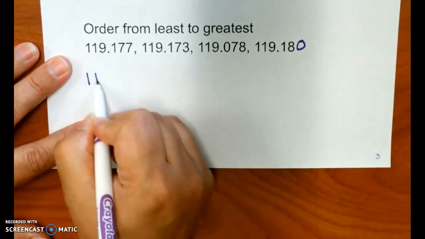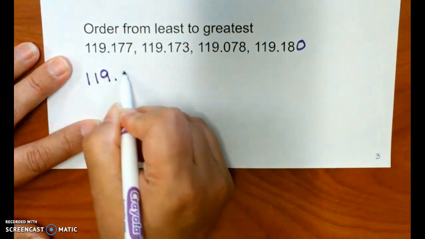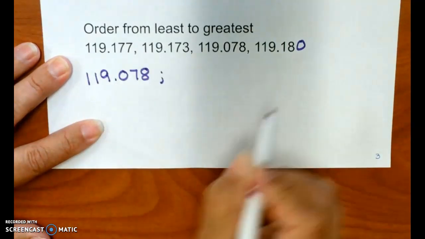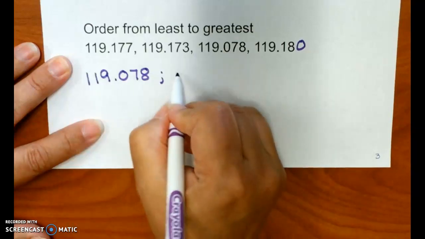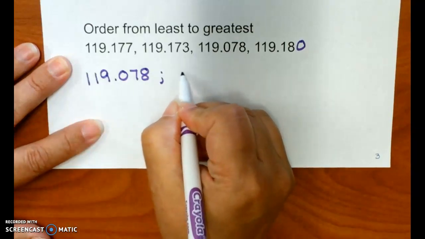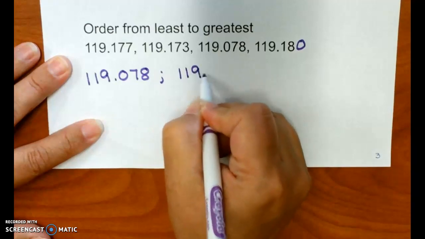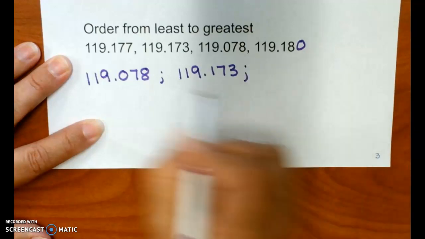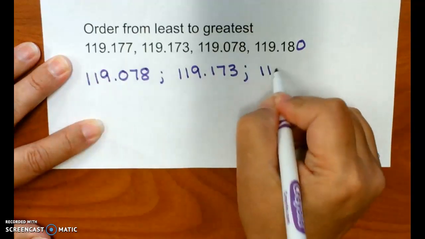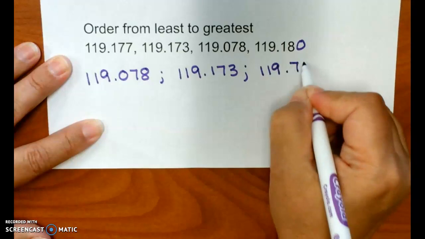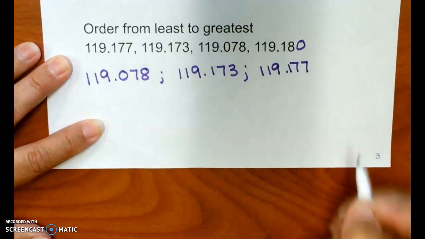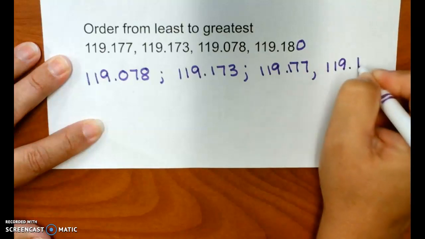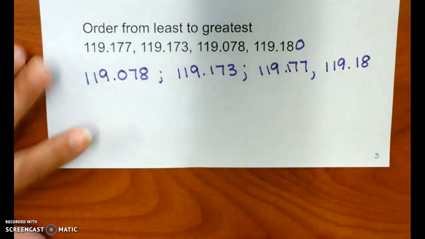So 119 and 78 thousandths is my smallest number. Next up is 119 and 173 thousandths. Next, I have 119 and 177 thousandths. And last, I have 119 and 18 hundredths.